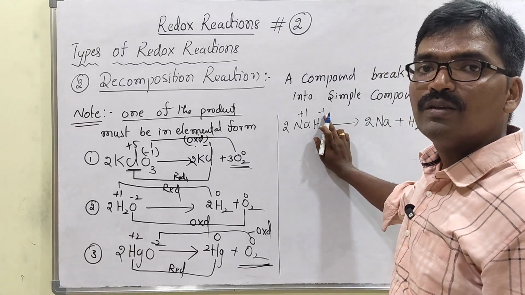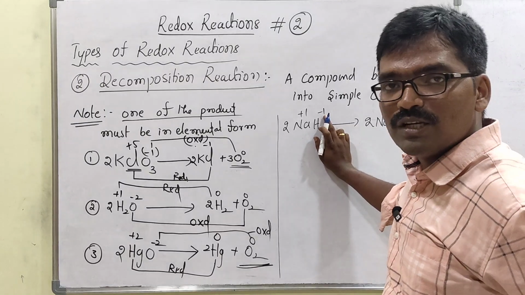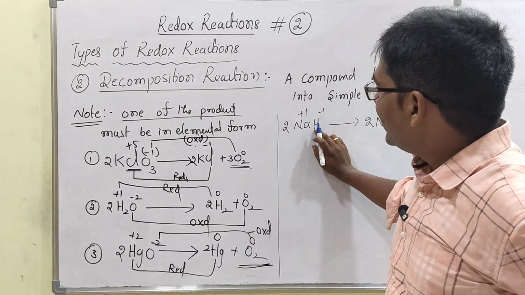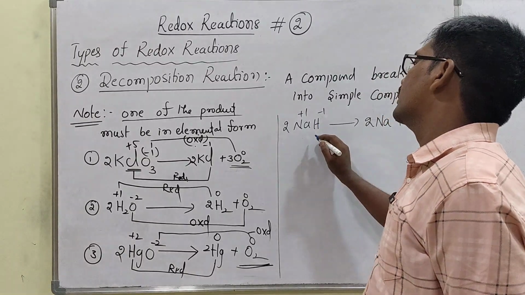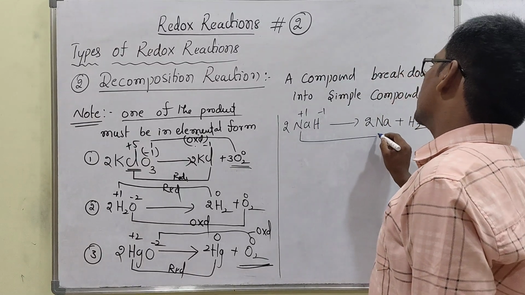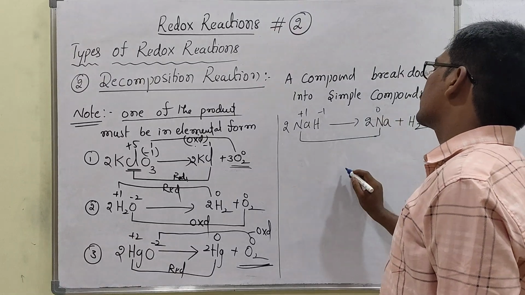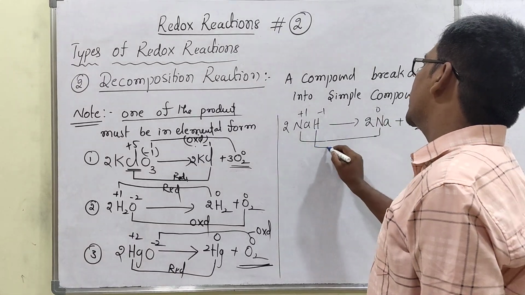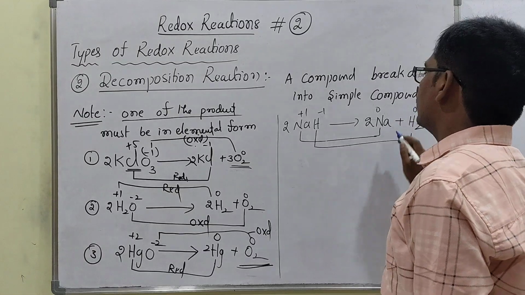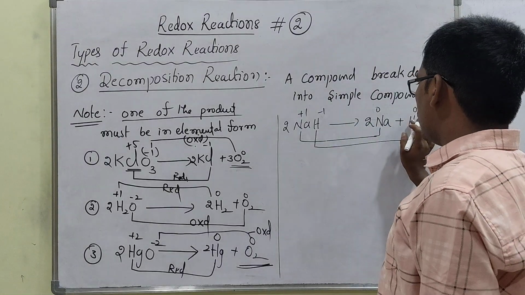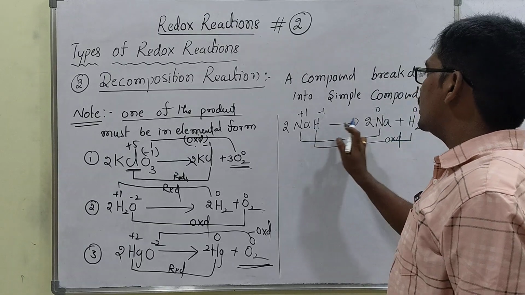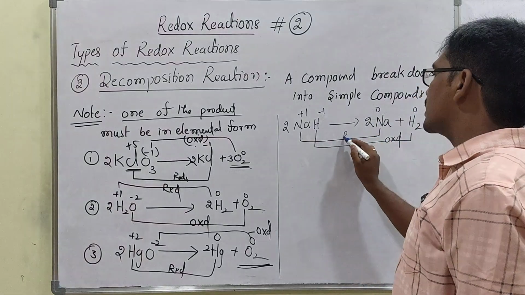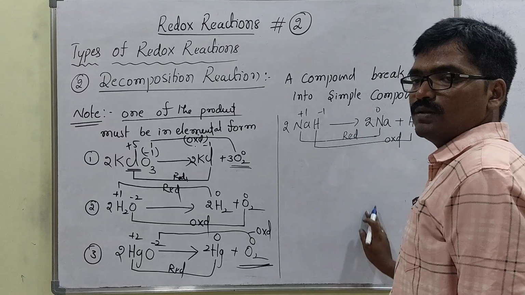In most cases it is plus 1 oxidation state, and when attached to metals, minus 1. Very important, you have to remember. Sodium goes from plus 1 to 0, and hydrogen goes from minus 1 to 0. Minus 1 to 0, oxidation number increases, oxidation takes place. Plus 1 to 0, oxidation number decreases, reduction takes place. Oxidation and reduction both take place.